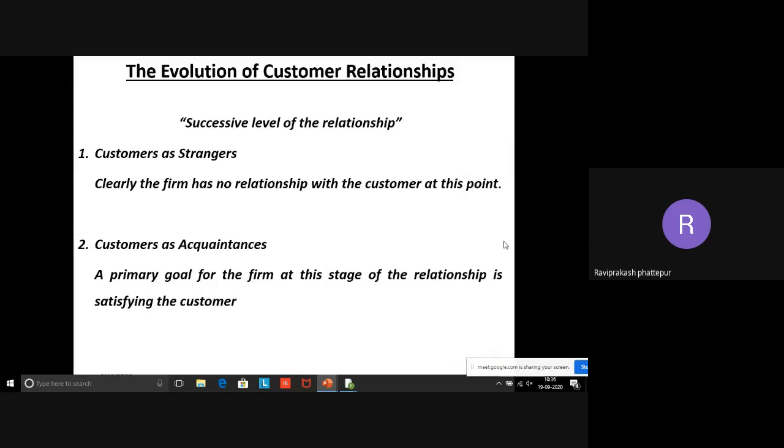Then next comes customers as acquaintances. So what do you mean by this? Once customer awareness and trial are achieved, that is, the customer has tried your service.